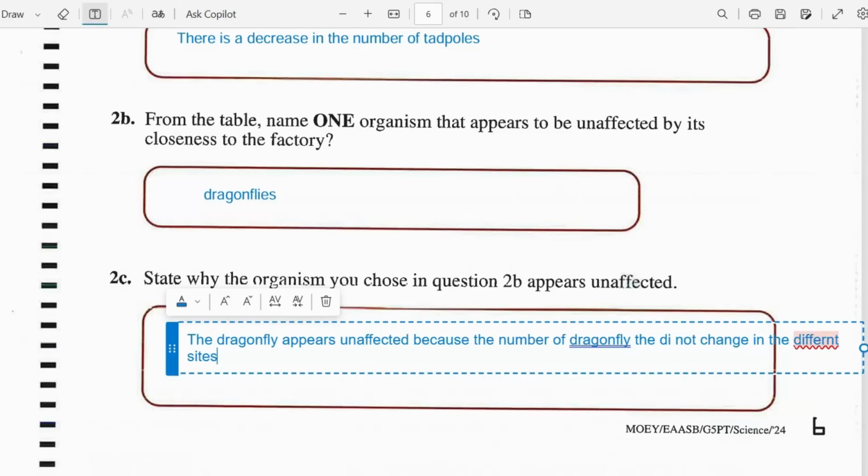You can write this differently. I'm just choosing to write it in the fact. Plain and simple. The dragonflies did not change. It was 10 for each site, so we can just add that part.